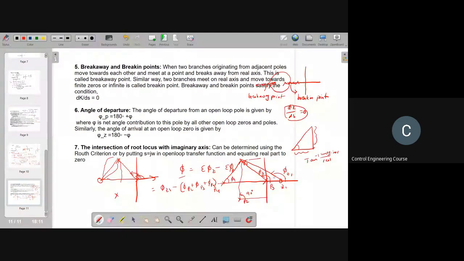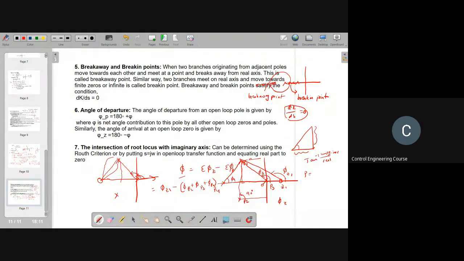Suppose you want to calculate phi z1. We already know this location with respect to the origin, so from this one to this one you know, right?